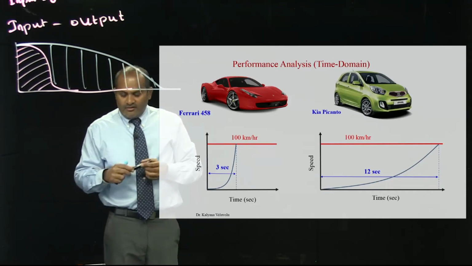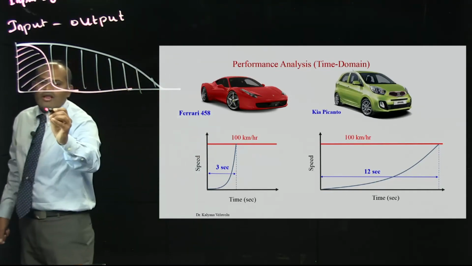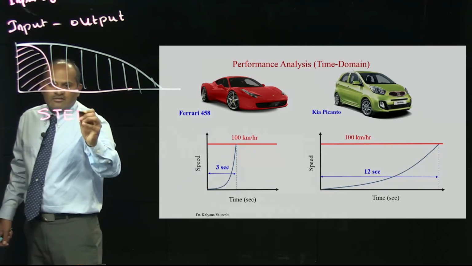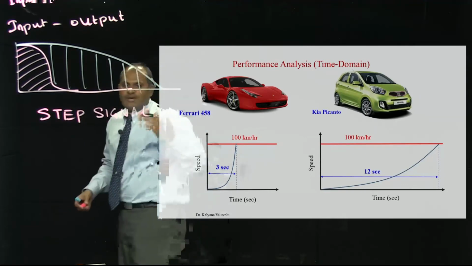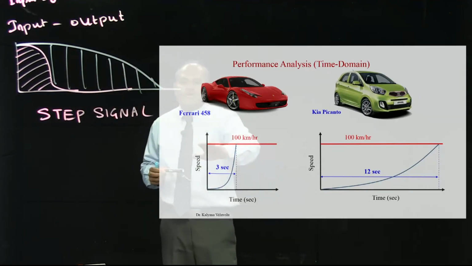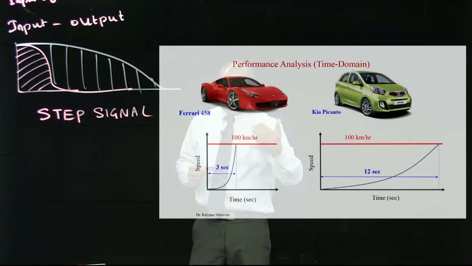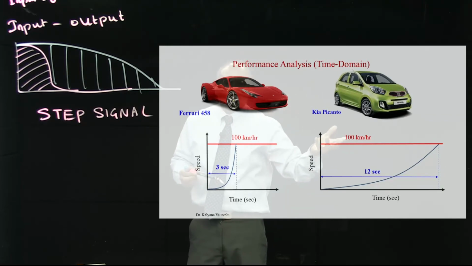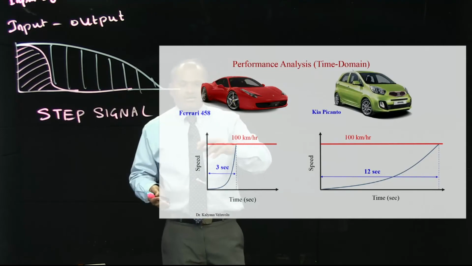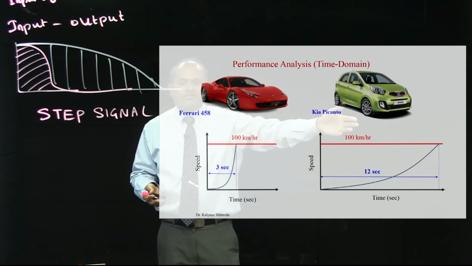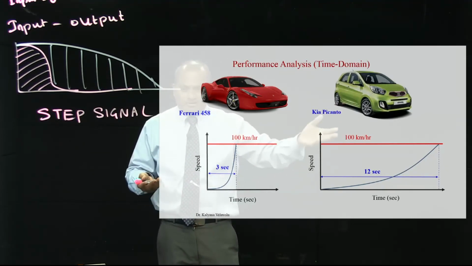And as I said, this is what we call a step signal. We call this one step signal because we apply a 100 kilometers per hour step input. We say this is a reference input to both the cars, and both cars provide an output that gives us this kind of output depending on the functioning of the car.